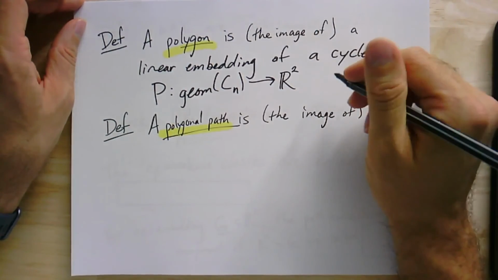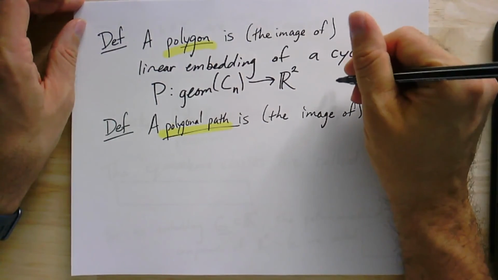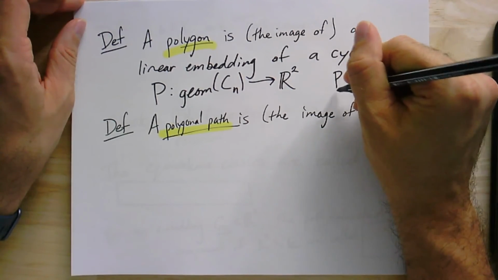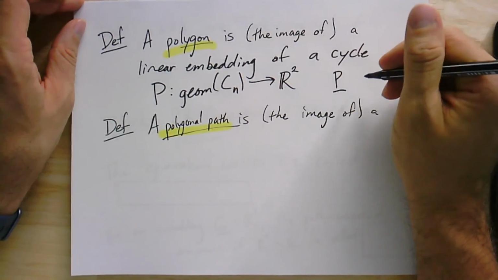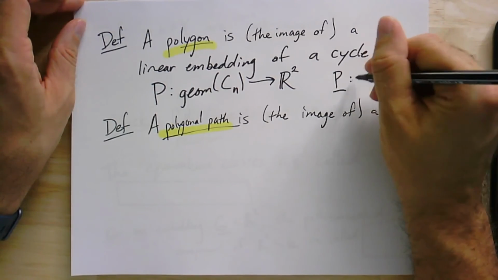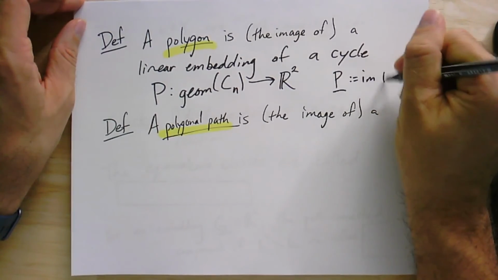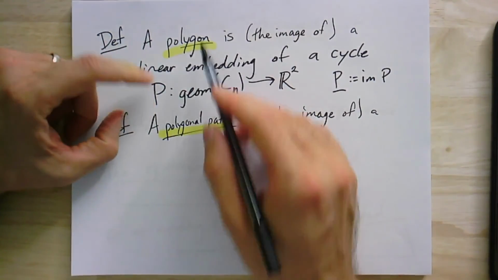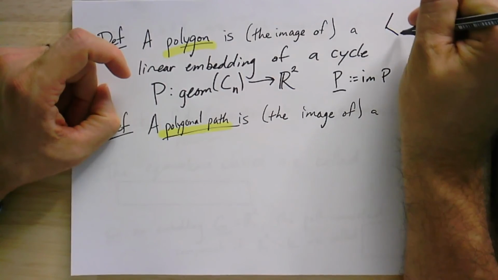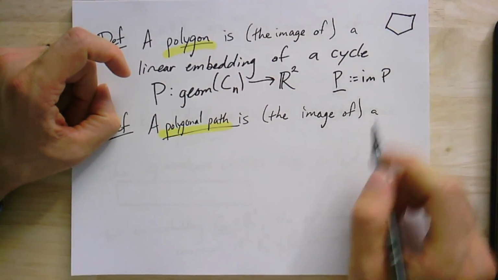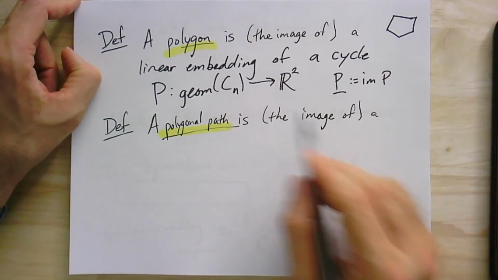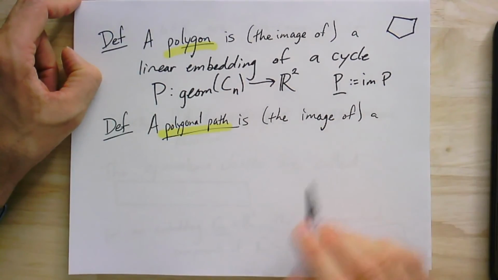And I will sometimes use the notation of talking about the embedding of P as the image of P, because technically the embedding is the mapping, but often we think of the object that we've drawn as a subset of the plane. That is, it's the image of the mapping, all the things that get hit by the mapping.